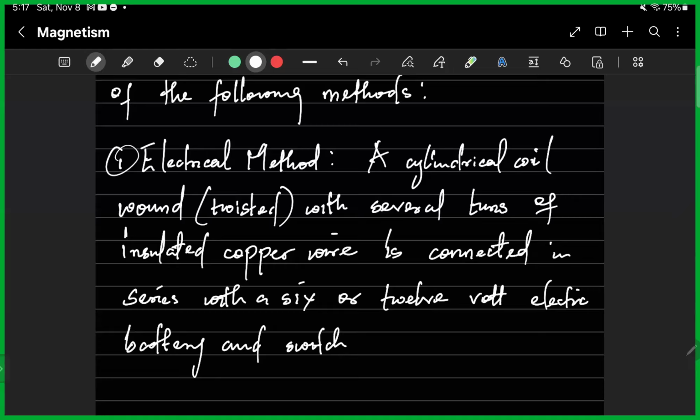So this is a magnet now already, just by setting up a cylindrical coil wound with several turns of insulated copper wire and connecting it in series with a 6 to 12-volt battery and a switch.